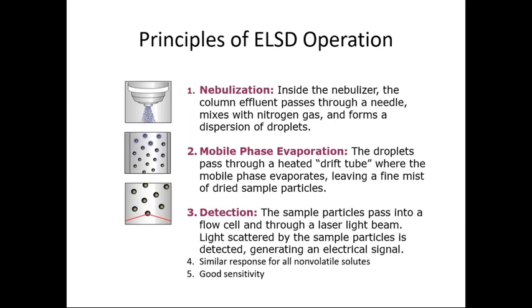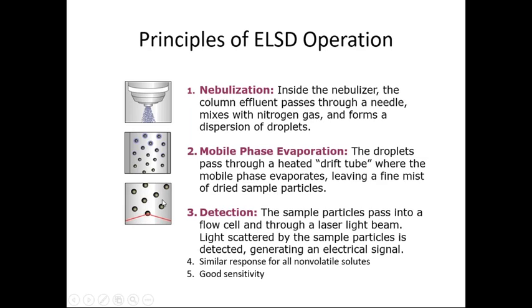So if you look at the principle of ELSD operation, you see the sample when it comes out of the HPLC goes through an atomizer to make it a fine spray. It is sprayed onto a plate. This plate is heated so that all the solvent evaporates, and then you have a powder.